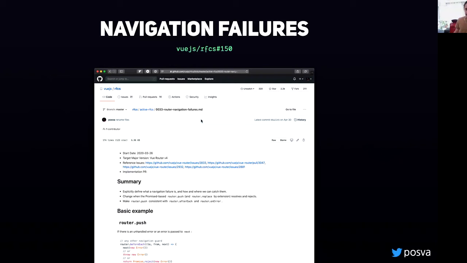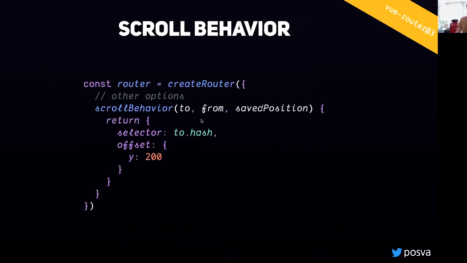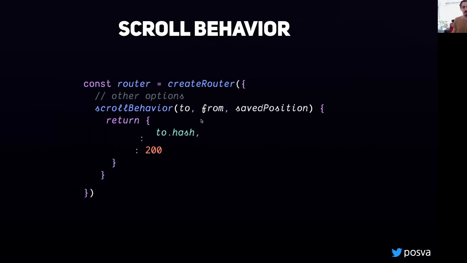Moving into a completely different topic, another big improvement in the new version is the scroll behavior. The scroll behavior itself hasn't changed much. The API is pretty much the same. The only difference is that we're changing the object we return. Instead of a selector and an offset, we're using el and top.